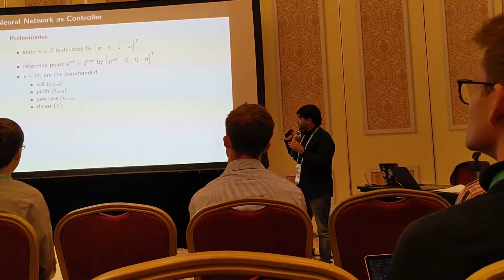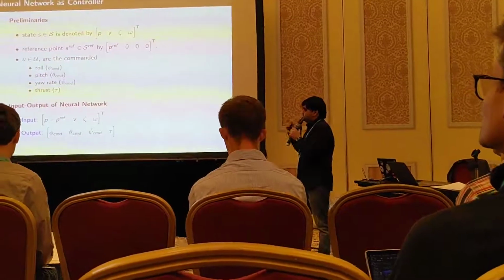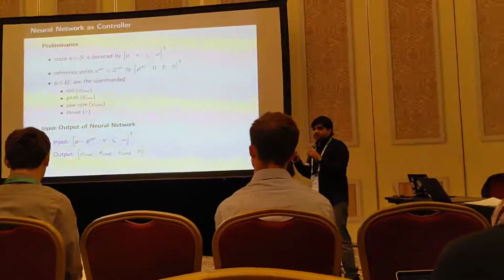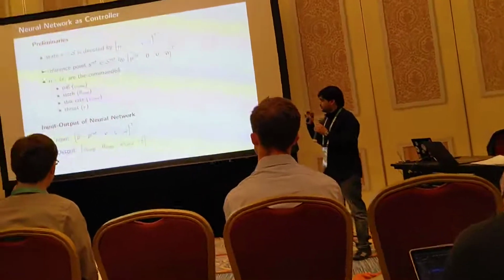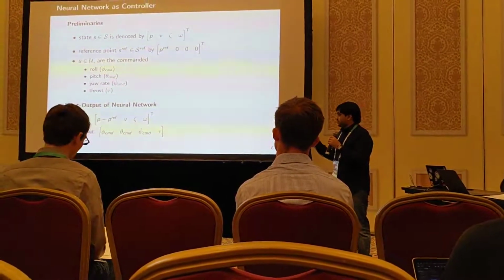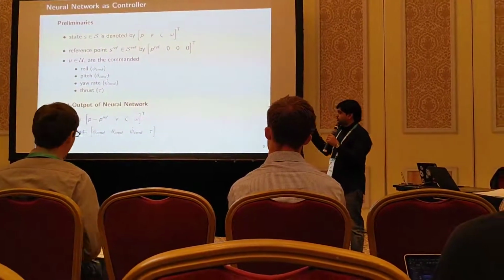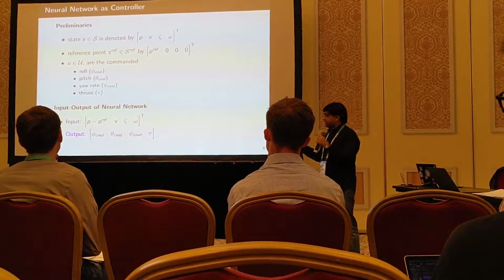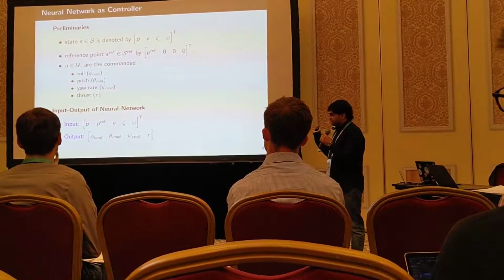Now we need to use the neural network as a controller at the high level. So we are talking about the high-level controller. The neural network will take the state and the reference state as input. What we do is give this neural network the difference between the positions, the velocities, Euler angles, and rates.